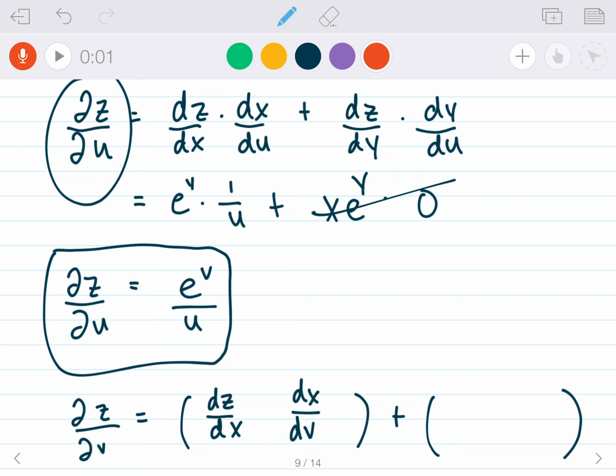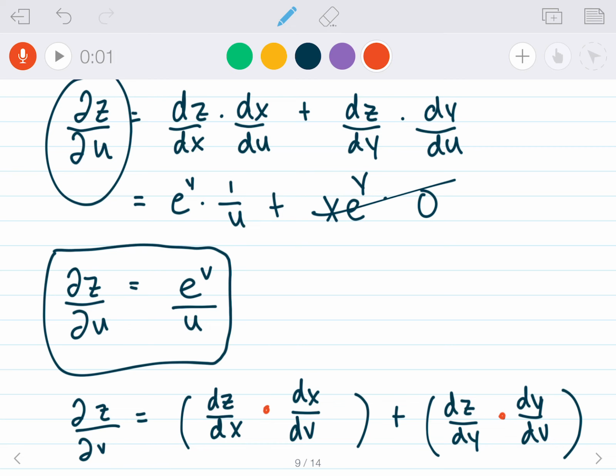Because you can informally think of these canceling to give you what you want, which is dz dv. Okay, so those are my x's. Now my y's, same thing, dz dy times dy dv. Again, you can informally think of these dy's canceling there to give you what you wanted, dz dv, which was right there.